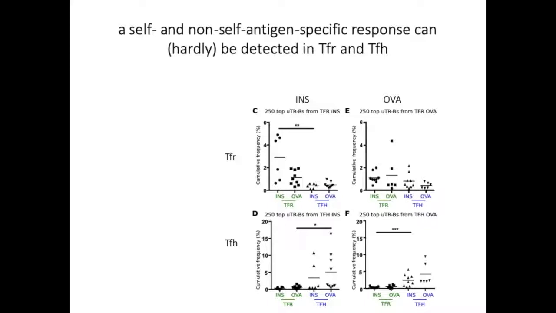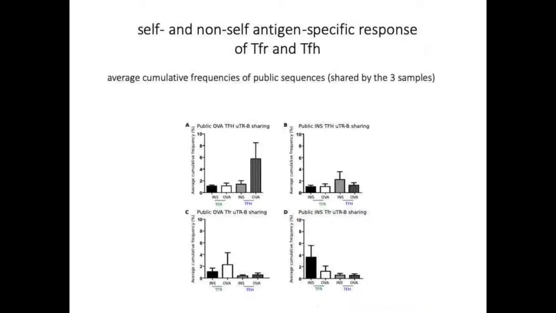You can see that there is a bit more cumulative frequency here than here, so insulin with insulin, you can see more of the resemblance. It's also the case if you look, for example, at TFH with ovalbumin, you have a higher sharing here, OVA with OVA, than the rest. But you will admit that this is not exactly what we were expecting. We really thought that we would find a good specific response with a few clones and a lot of sharing. This is not what we're seeing.